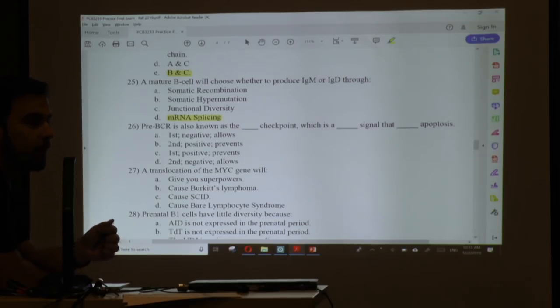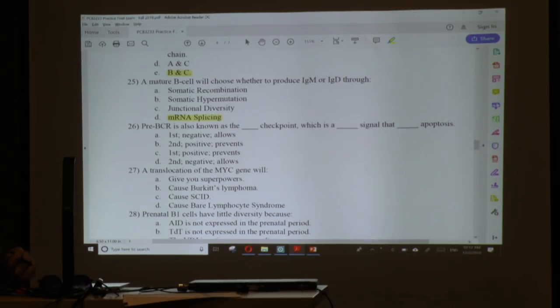So basically, the maturing B cell, when it's going through somatic recombination and it's testing its heavy chain, its default is to go into apoptosis, unless it's able to test the pre-BCR, the heavy chain with the surrogate light chain, and it works, and thanks to that, you're going to have a positive signal that prevents apoptosis, basically. First positive prevents. There it is. Make sense? Yeah? Okay.